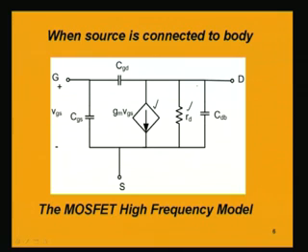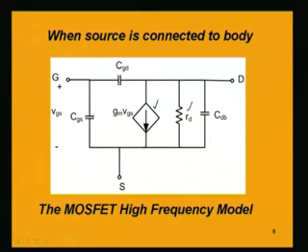Now, we are having the gate to source capacitance. So, this is the capacitance from gate to source as is shown here. Then gate to drain capacitance, that will be connected between gate and drain, and there will be a drain to source or drain to body capacitance.